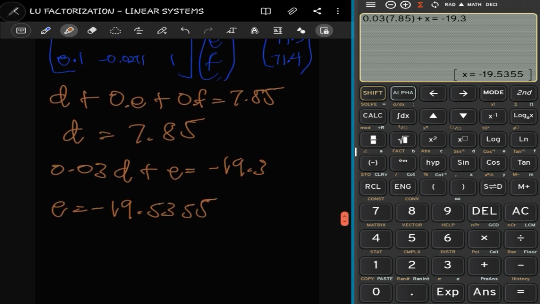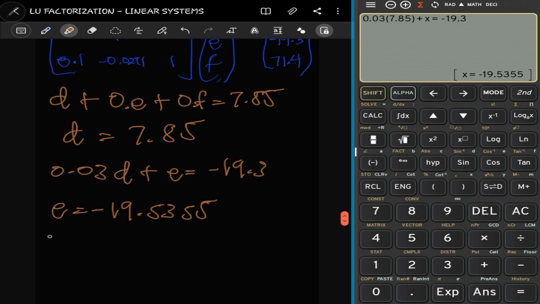The next thing is to find our F, right? With the last part, we have 0.1 D minus 0.0271 E plus F, and that gives us 71.4.